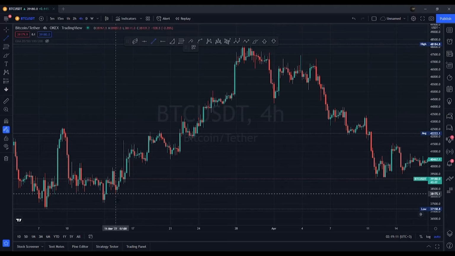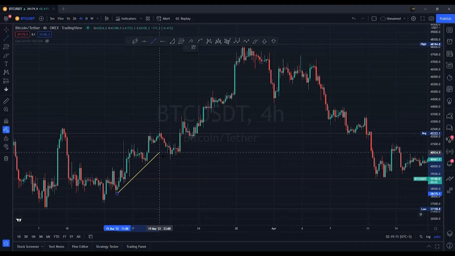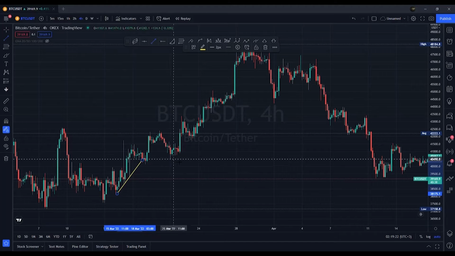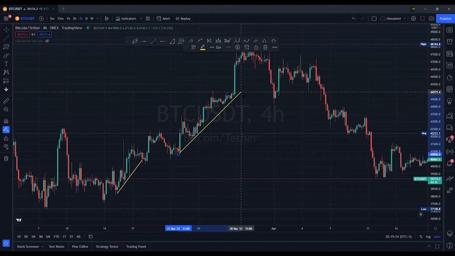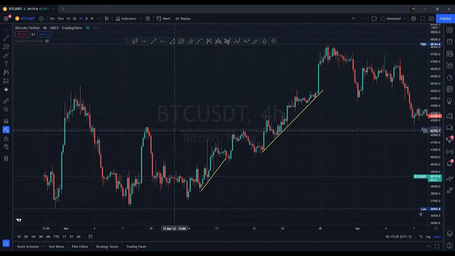This time we are going to use the 4-hour time frame, and we can see there's another uptrend, and this one is another uptrend.